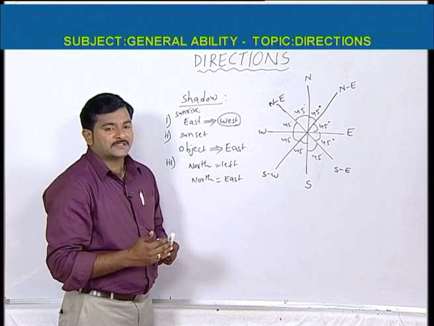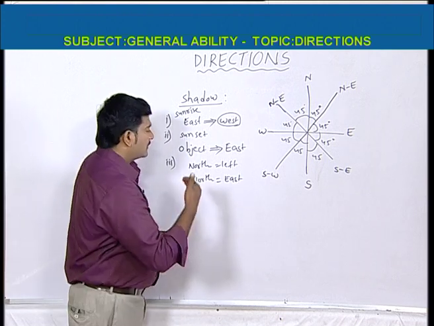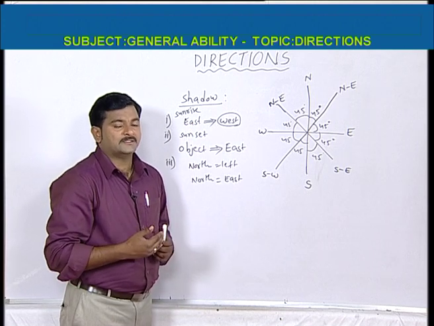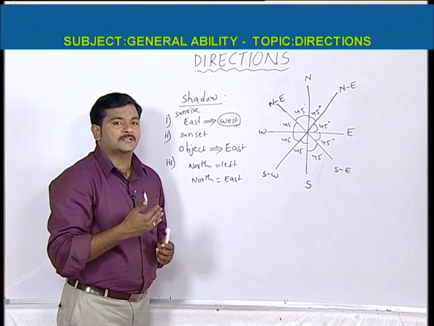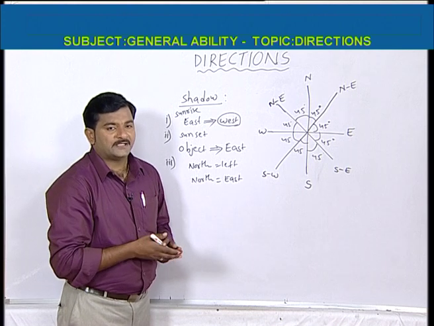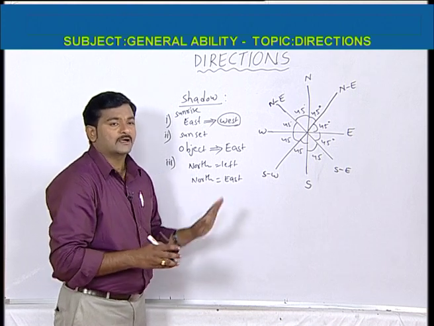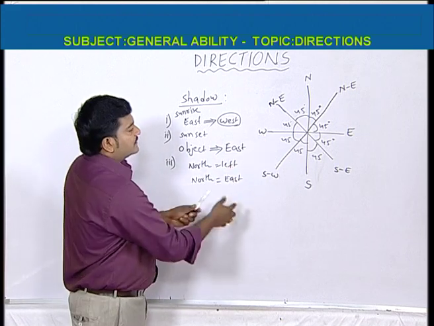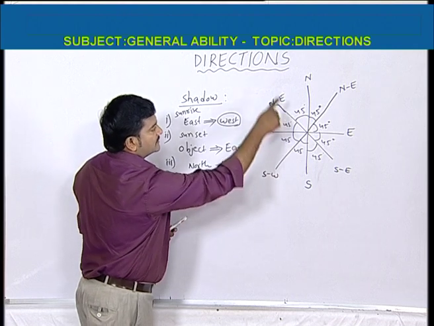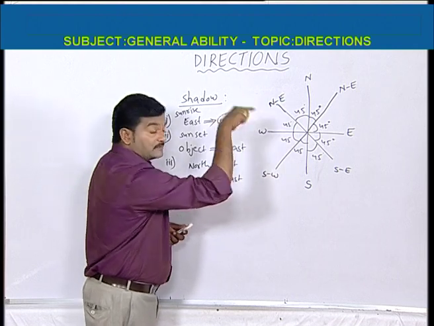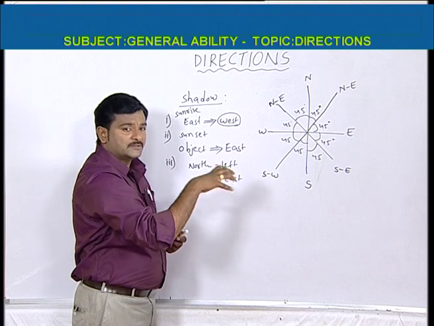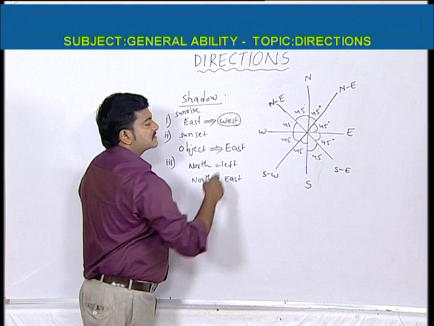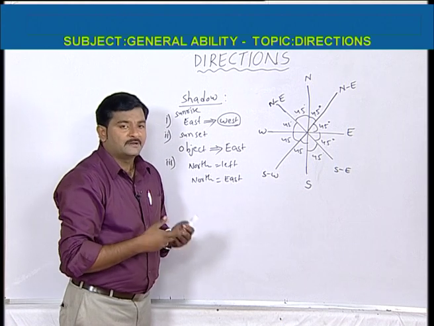Third point I will say once again. Think that the person is facing towards north direction at the time of sunrise. Then his shadow will always be towards left direction. So left means what we can say? West only. So at morning, at the time of sunrise, his shadow will always be towards left, which means west direction.